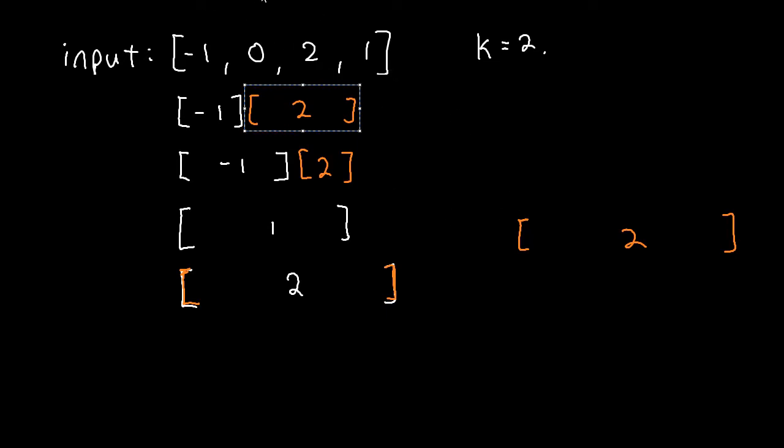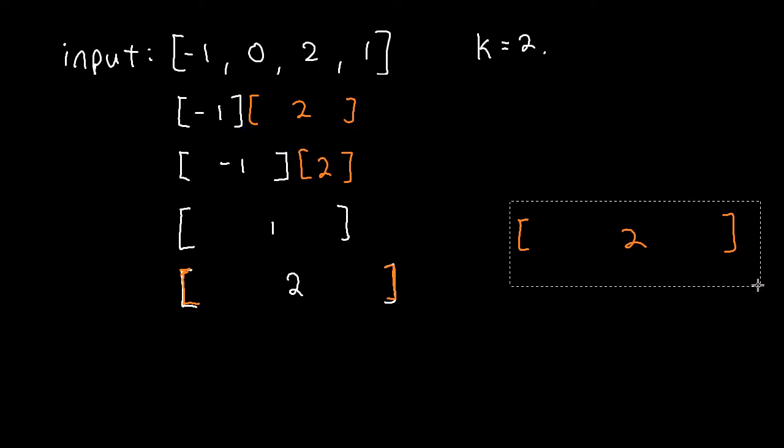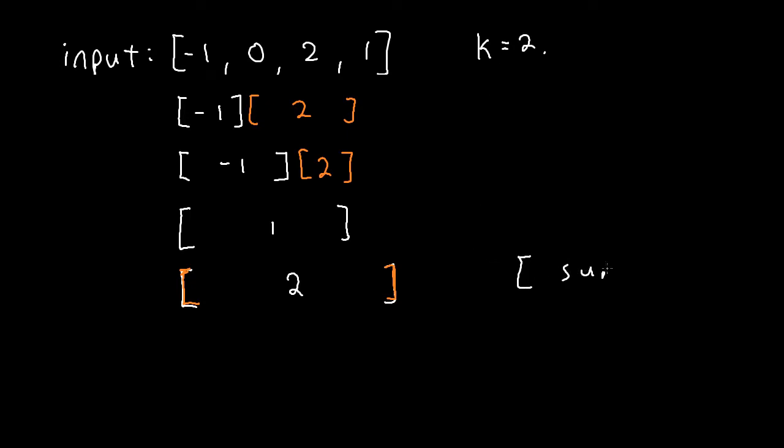Now, the relationship that we see here is the fact that if we have something like sum that we're calculating, and we want to see if maybe it's possible that there's a subarray of k here, all we have to do is see, have we seen any subarray with a sum of x yet?